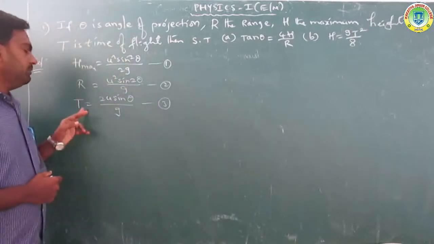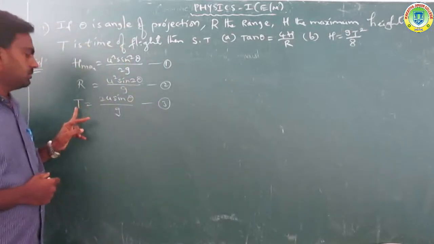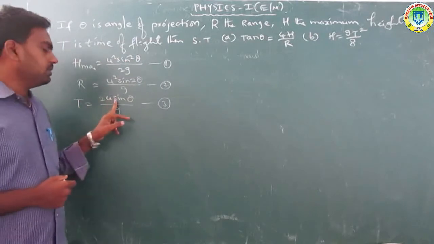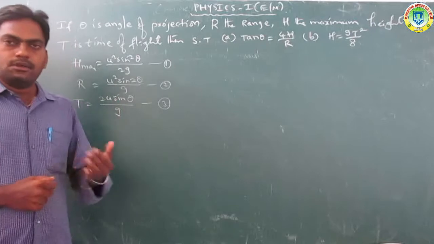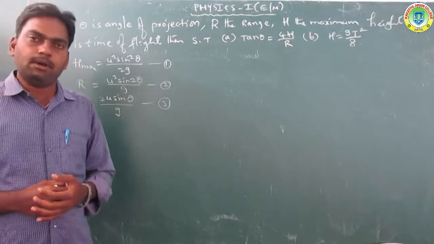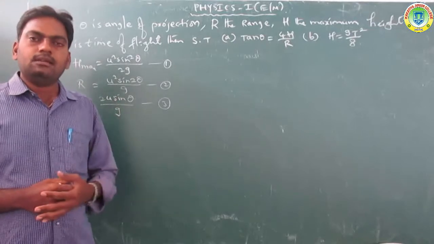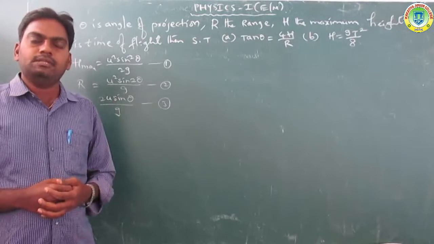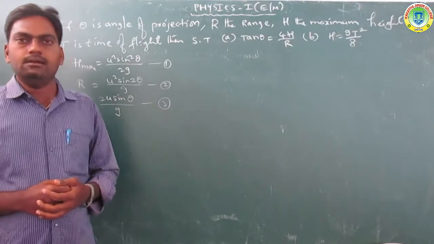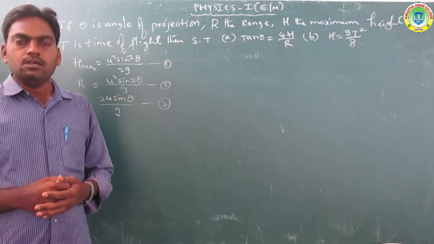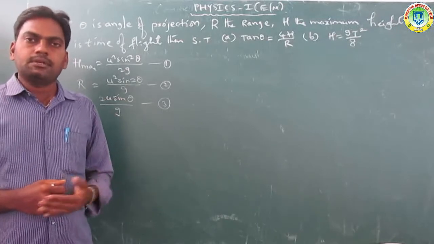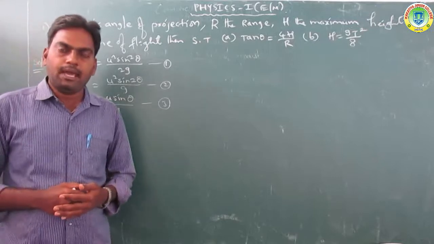So the total time of flight is T = 2u sin theta by g. We also want to find the maximum height. The projectile is projected with initial velocity u at an angle theta with the horizontal.